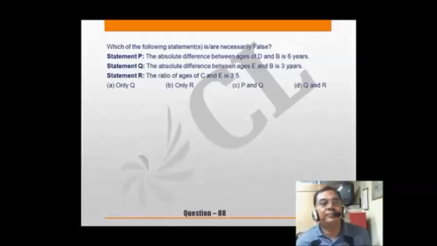Now the difference between D and B is 6 years. The E and B is this year. The ratio of C and E, are they necessarily false?